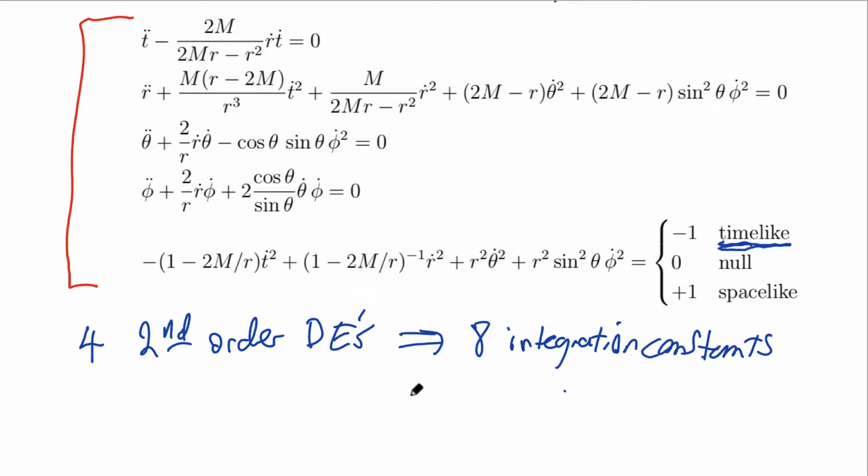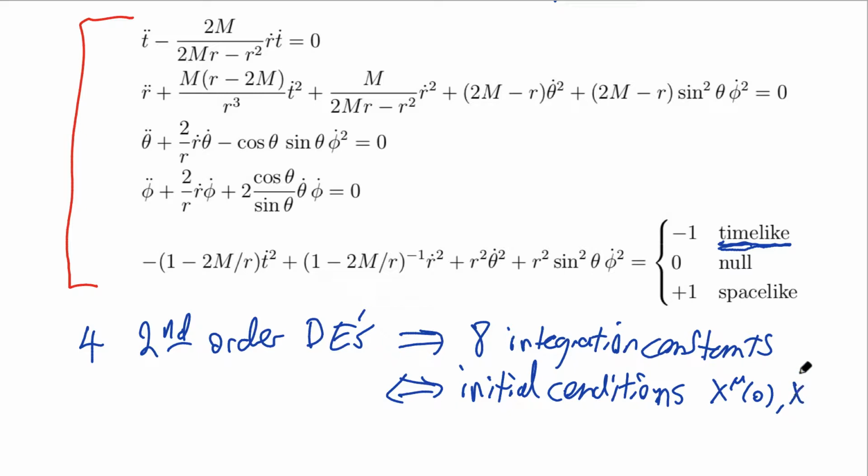And those 8 integration constants can be determined by 8 initial conditions. The 8 initial conditions would be the initial coordinate values and their derivatives. So at parameter value 0, we have the x mu's and the x mu dots.